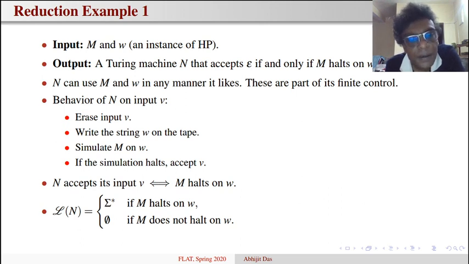On the other hand, if the simulation does not halt, then irrespective of what this V is, the simulation will keep on continuing, that is, N will also loop in this simulation. And it will never get the chance to come here and accept the input V. So in this case, its language is empty.